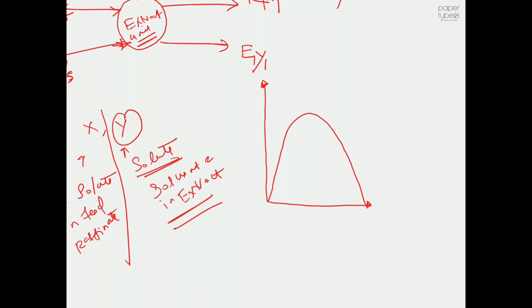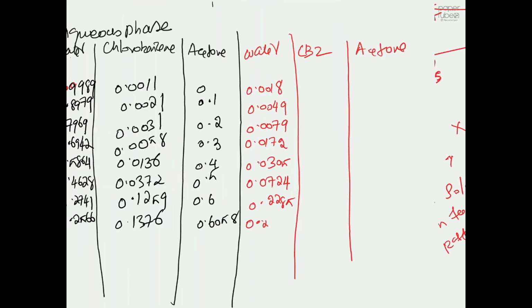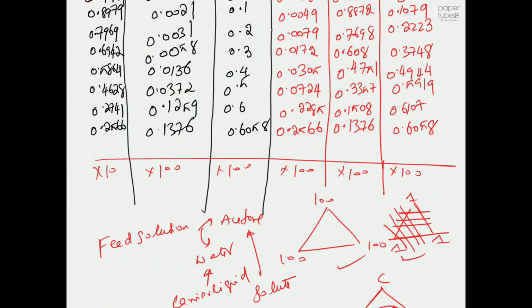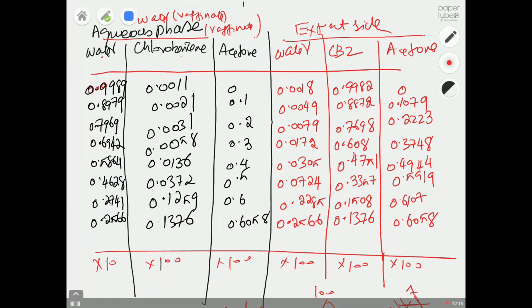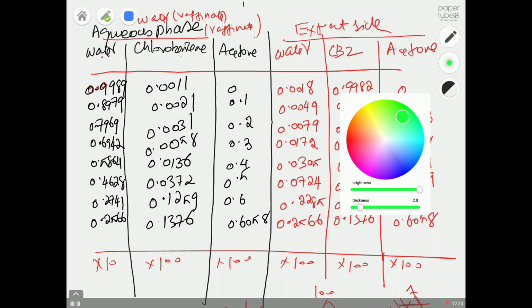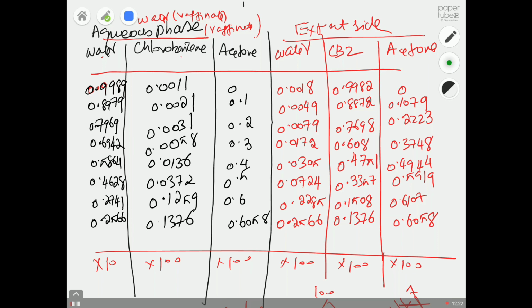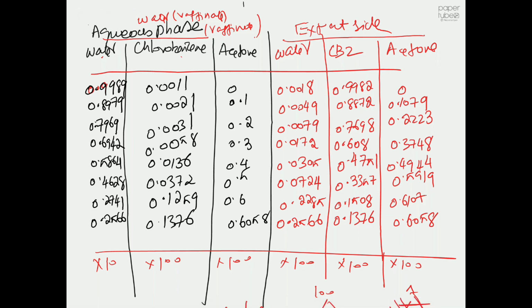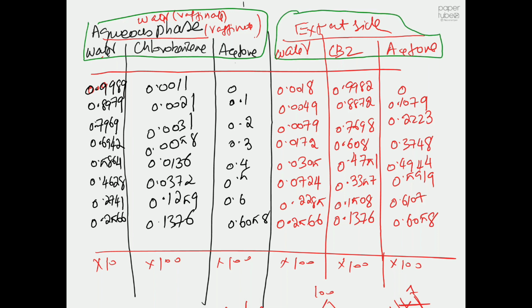So let me check it quickly one more time. What we plot here is XB versus XC. So what is this XB and XC? Let's go back to this table. Follow the green line we have. This is our raffinate side, and this part on the right hand side is your extract side.